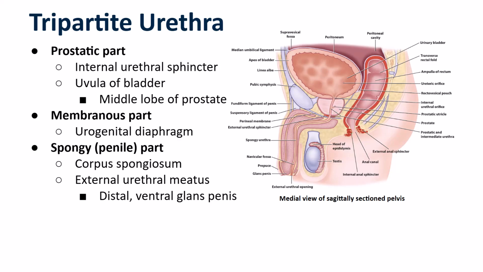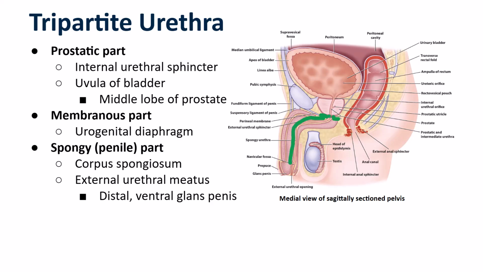But that prostatic part of the urethra then goes to the membranous part, which is the shortest part that moves through the urogenital diaphragm. And on the other side of that, the urethra is known as the spongy part or the penile part.